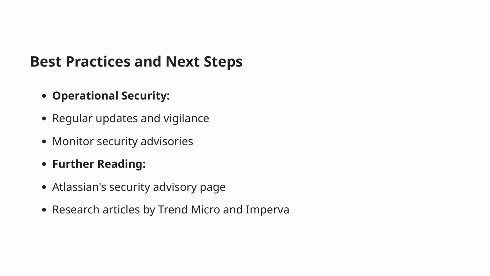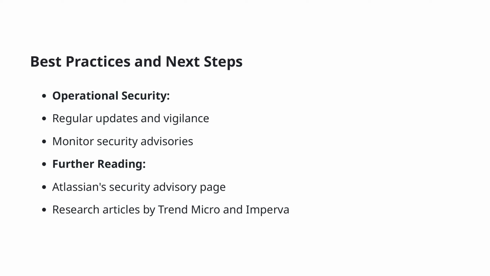When addressing operational security in the context of mitigating risks associated with vulnerabilities, the best practices include maintaining regular software updates and exercising vigilance in monitoring security advisories. It's crucial to stay informed about the latest patches and updates to ensure systems are protected against potential exploits.